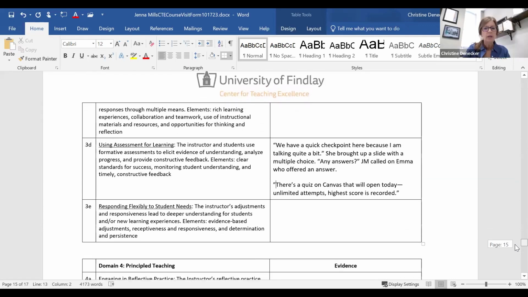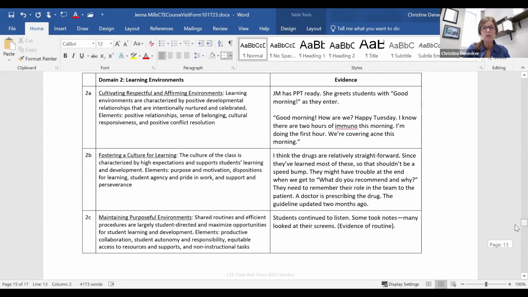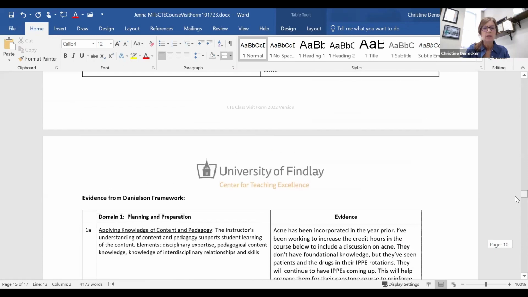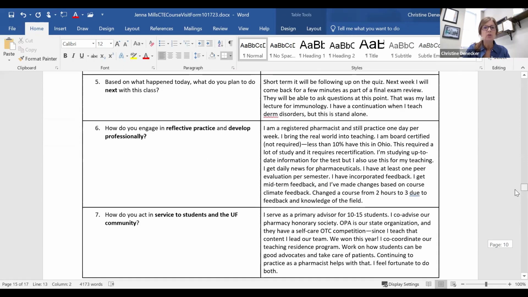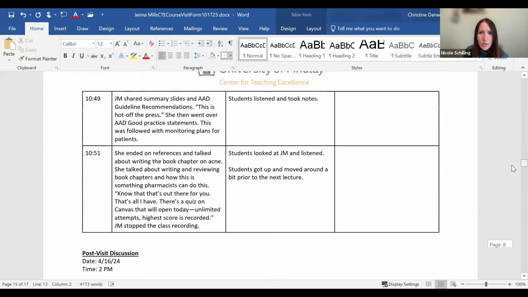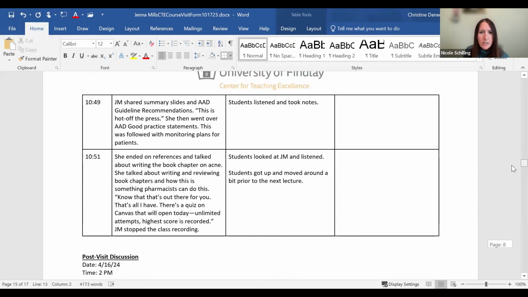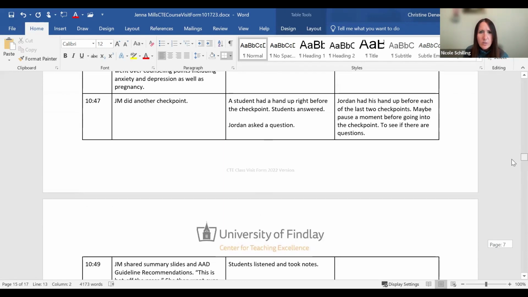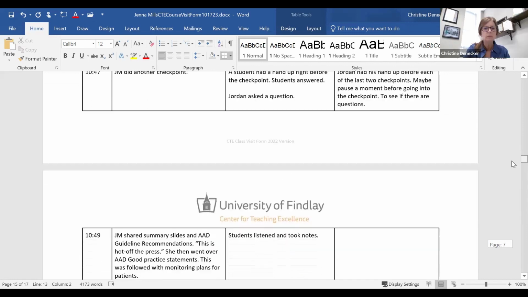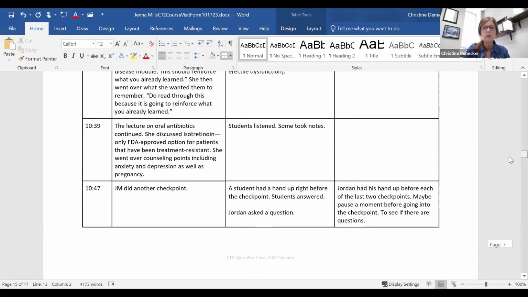This 3E, so responding flexibly to student needs. I'm usually looking for something where somebody had a question. What do you look for there? Yeah, I think actually I saw that. She said Jordan asked a question, the student Jordan, and she responded right there. There might have been another one.